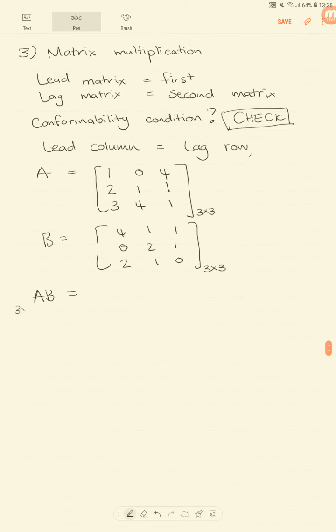So what I do is I write it down, 3 by 3, underneath what I want, and you can simply check those two. So yes, we can multiply A times B. So how would we multiply A times B? I'm just writing down the matrices from above.